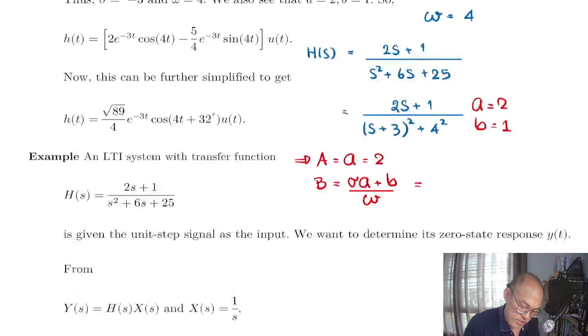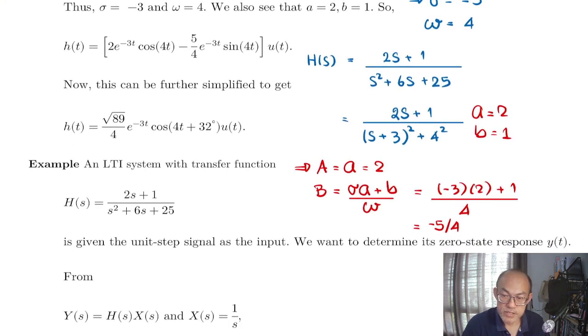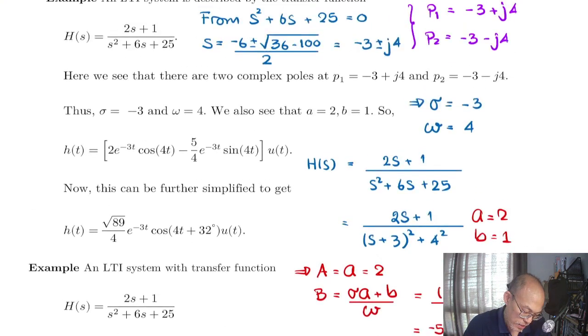But sigma is minus 3, a is 2, b is 1, omega is 4. So the big B is minus 5 over 4. Sorry. Minus 5 over 4. Okay? And so I have this.